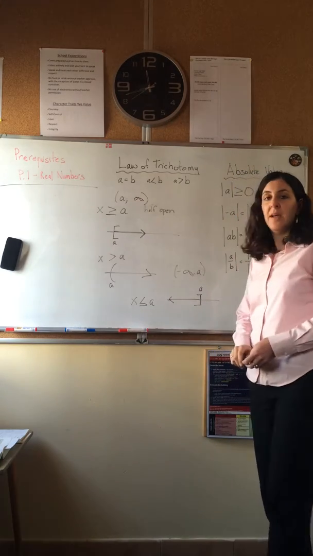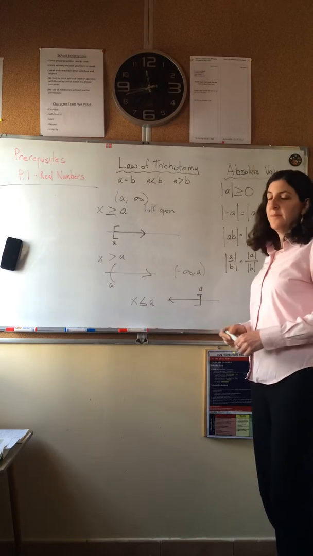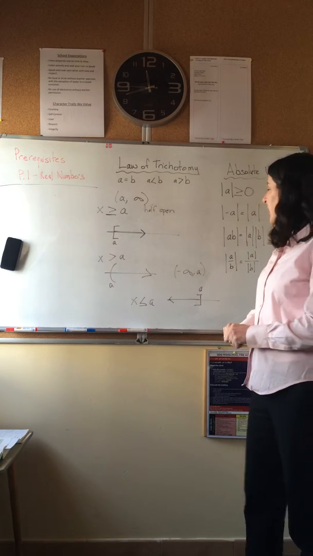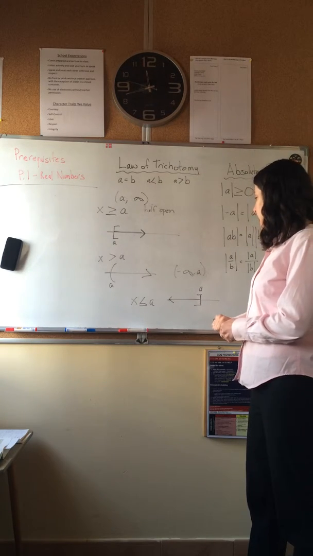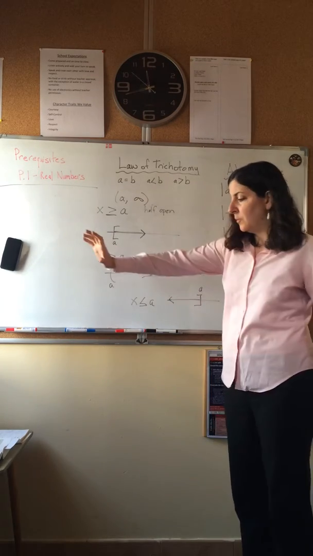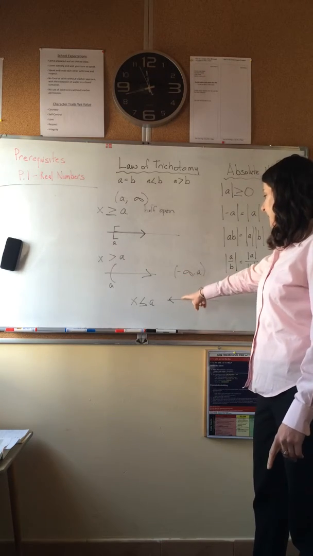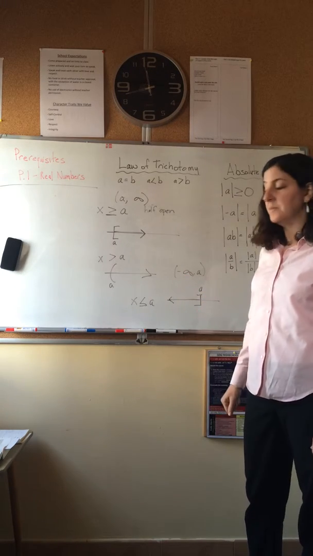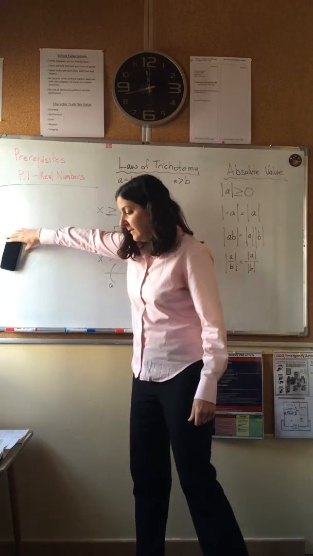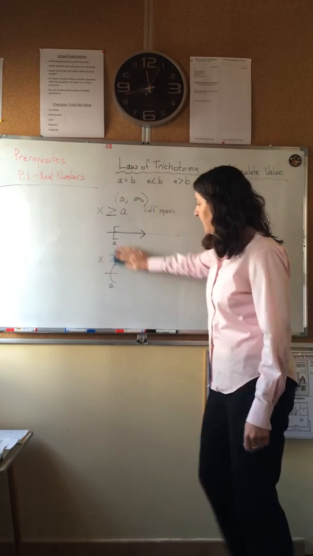So negative infinity to A. This little sign is kind of like a sideways 8. Again, mine are not very beautiful. It is going to show you the infinity, if it doesn't have an opening, it will go all the way there. And again, it could be with a closed or an open bracket there. So that's the deal with showing the values on the number line.